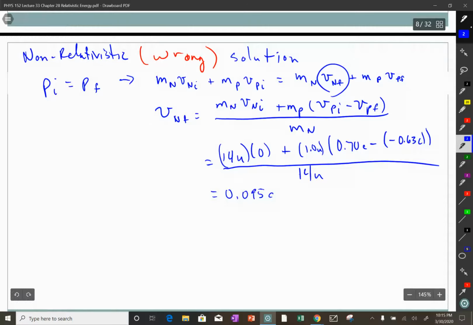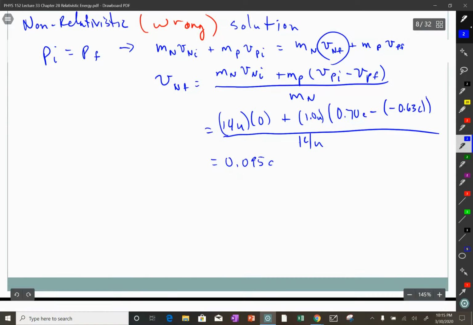So let's do it the right way then. There's not a lot of point in doing things the wrong way except to show us the difference in the two approaches. So doing it the right way, I am going to have the same starting point.